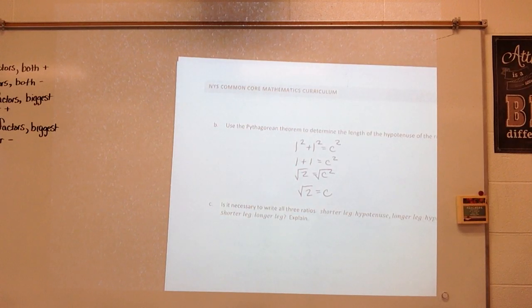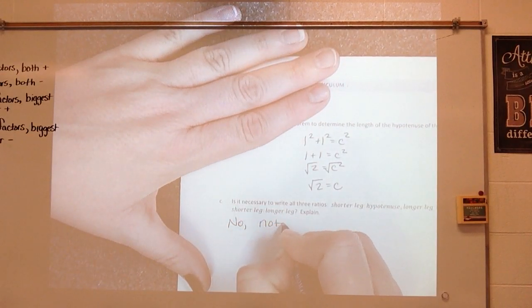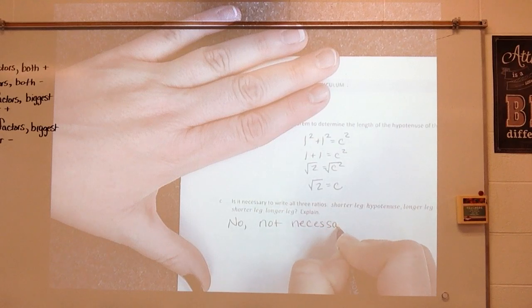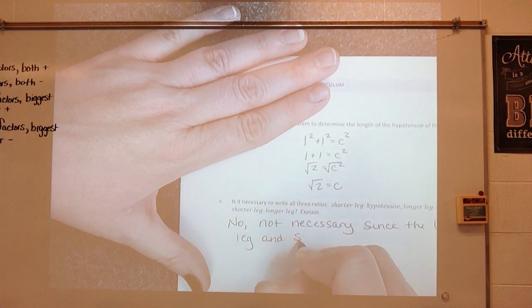Alright? Is it necessary to write all three ratios, shorter leg to hypotenuse, longer leg to hypotenuse, and shorter leg to longer leg? It's not necessary to write all three ratios. The reason is that the shorter leg and the longer leg are the same length. Therefore, the ratios will be the same. Alright, so it's not necessary, since the longer leg and shorter leg are equal.